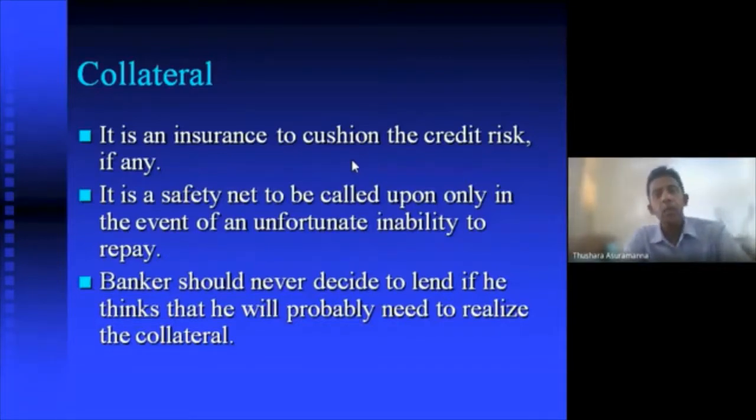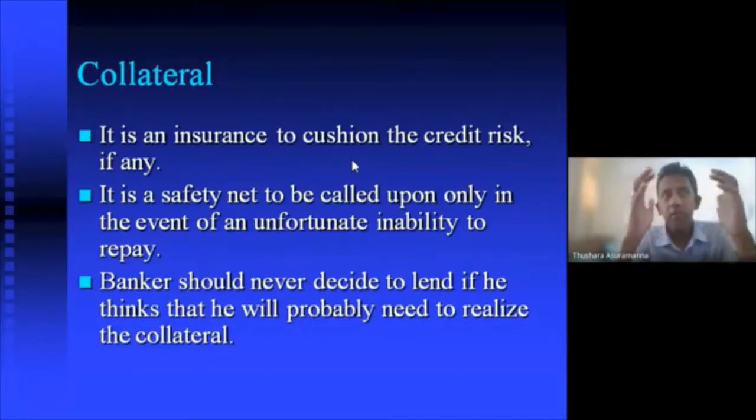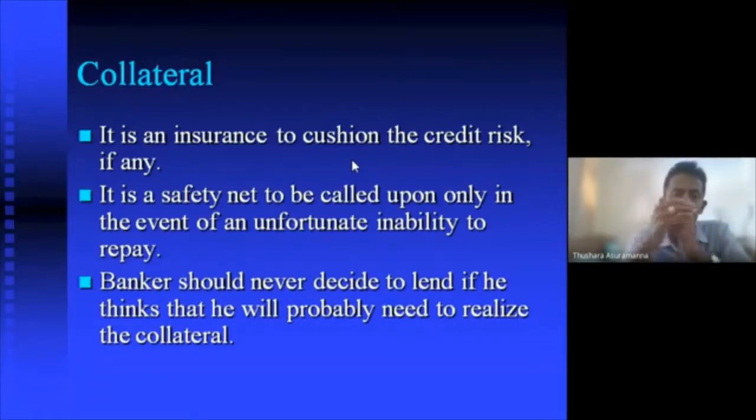So generally collateral, if you remember earlier, when we give a loan, there are three methods of recovery. First one, cash flow. Second way out is collateral. Third way out is guarantees. Means you always try to focus on cash flows to recover your debt.